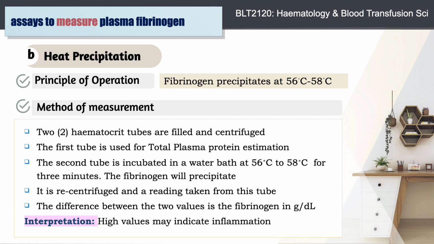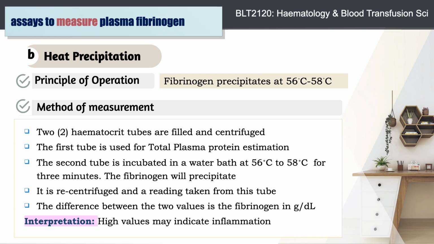We obtain 2 microhematocrit tubes, fill them with blood that's got anticoagulant, and centrifuge to get the blood to separate into the plasma and the blood cells. Now the first microhematocrit tube is used for measuring total plasma protein, and we saw this method in our previous section of 5.1, where we measured total proteins.